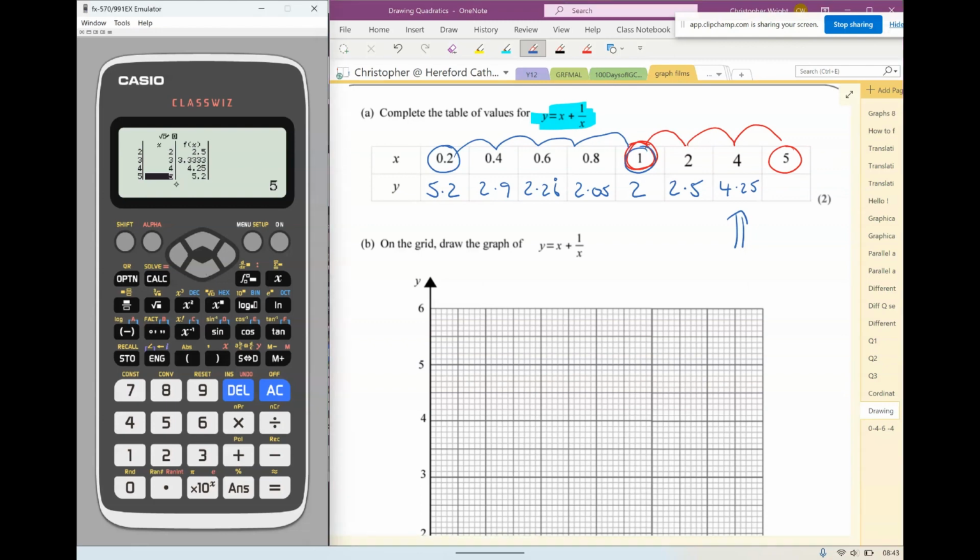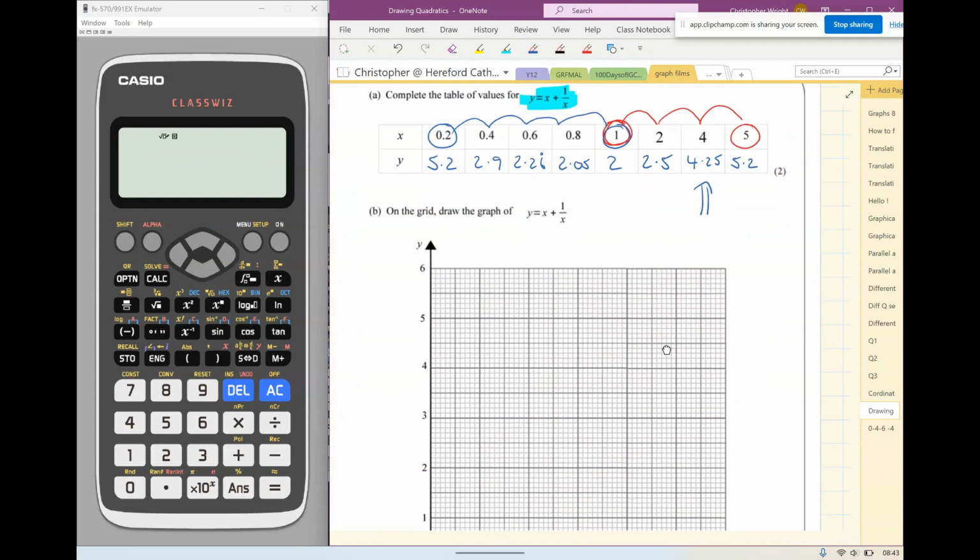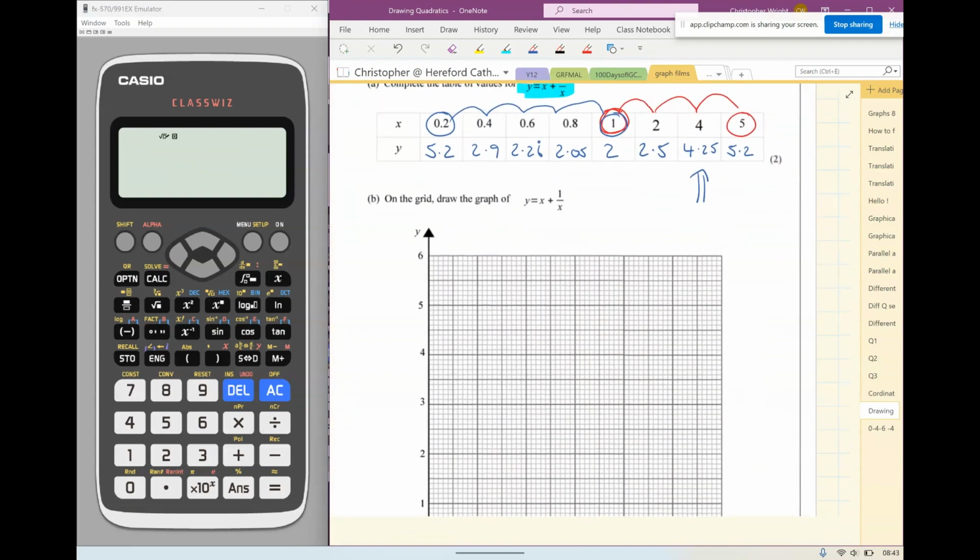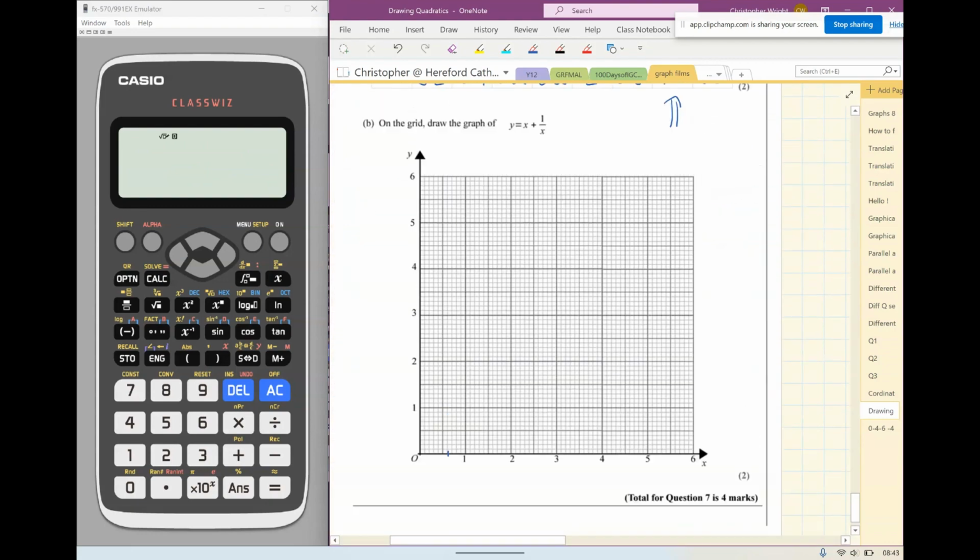So when x is 5, I've got y is 5.2. Good. Right, so I finished with the calculator now. So before I forget, I'll put it into its normal mode. Right, back to the question here. Now I've got to complete on the grid, draw the graph.